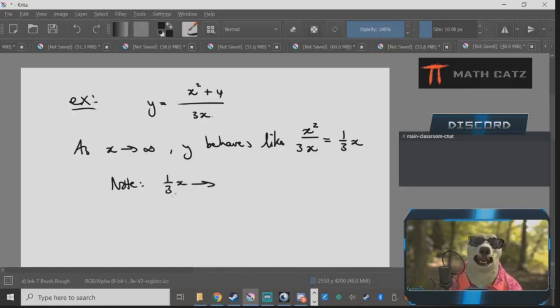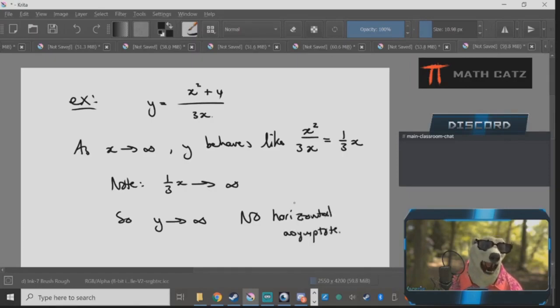That third isn't going to slow the x down by much. If x is a huge number, a third times x is also going to get bigger and bigger and bigger. So we conclude that y is going to approach infinity as well. No horizontal asymptote, because infinity is not a number.